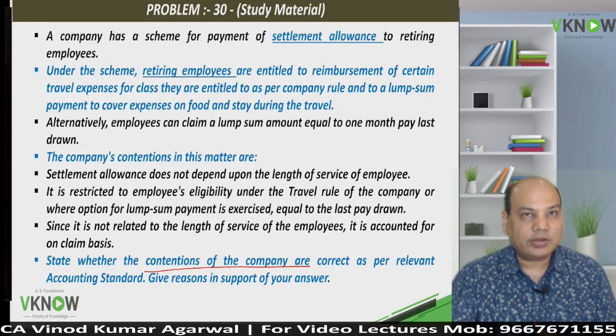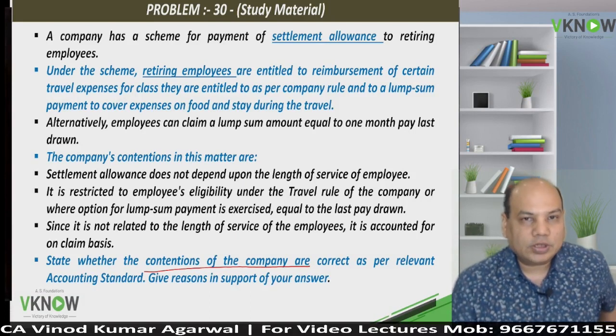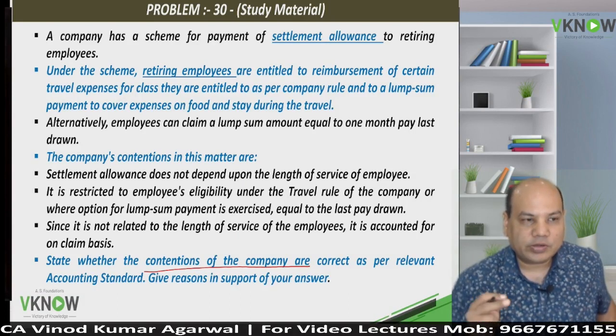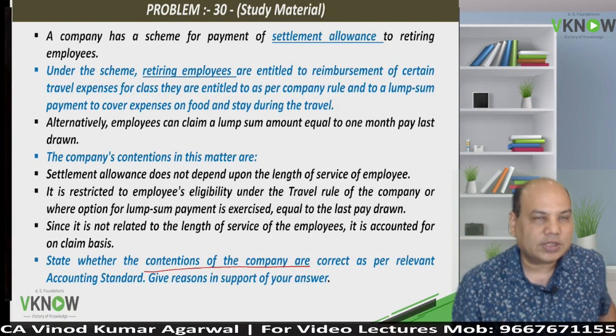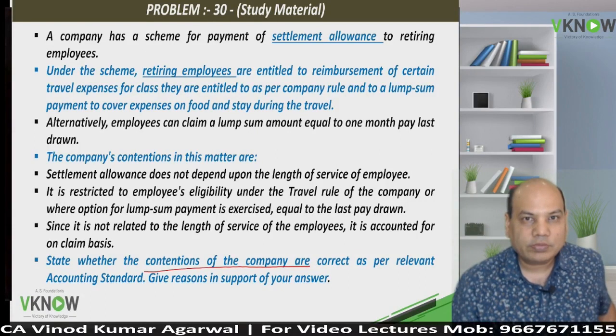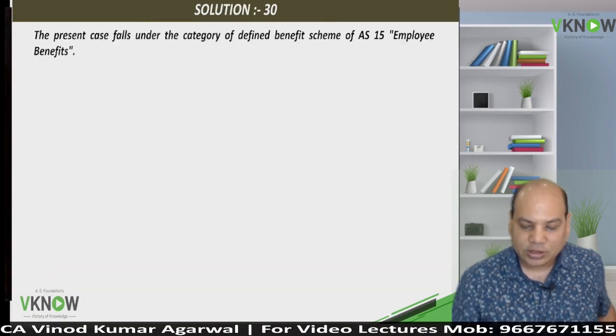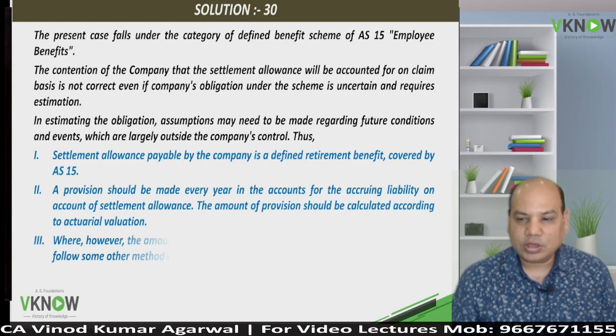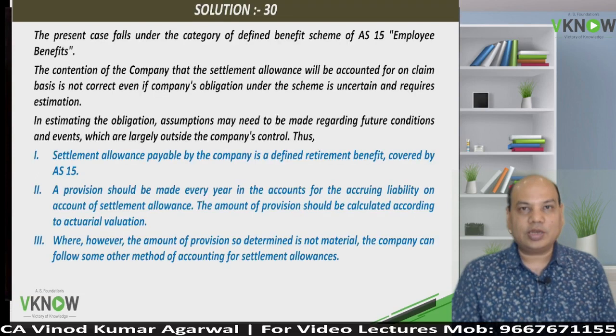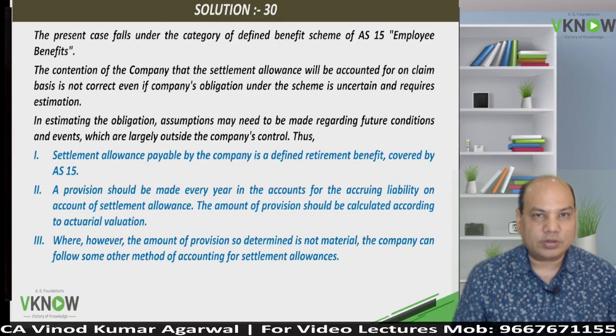He will retire at the age of 60, and you have to pay him an amount equal to 1 month of last salary. Because he is rendering service today, he is entitled to receive the settlement allowance in future. So this gives rise to defined benefit obligation, and the company should consult an actuary and make appropriate provision.